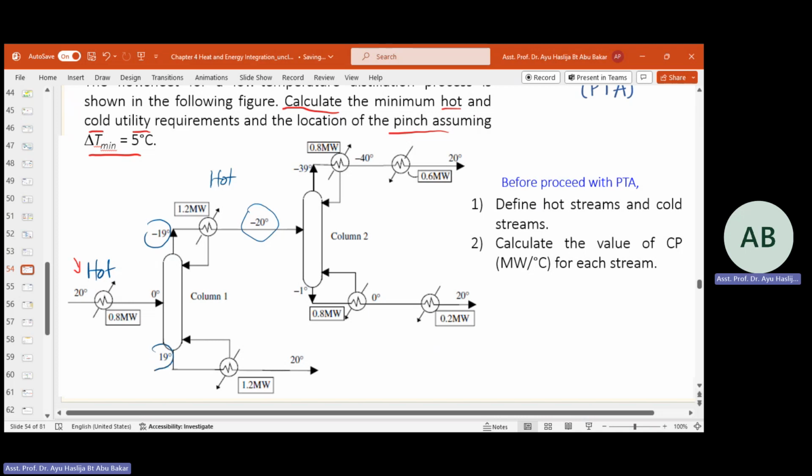Okay, here 19 to 20. Cold. Increase temperature. Cold. Now -39 to 20, sorry, not negative.